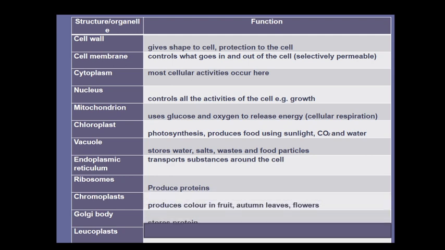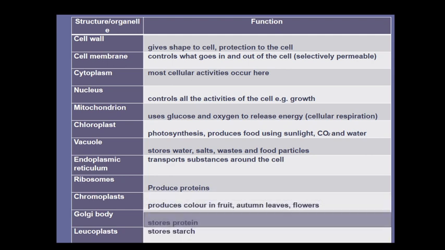The Golgi body stores protein. And the last one, leucoplasts, stores starch. Leucoplasts are found in plant cells. They take glucose, they convert it into starch, and they store it. Right, more than welcome to pause this video so you can make all of your corrections. Once you've done that, we can move on.